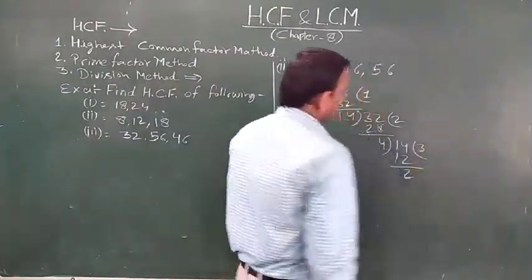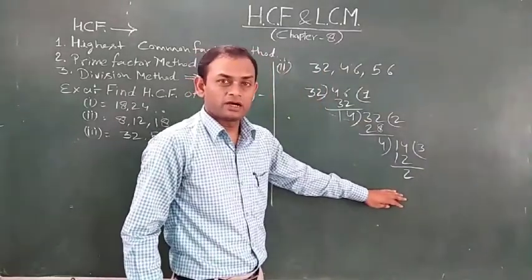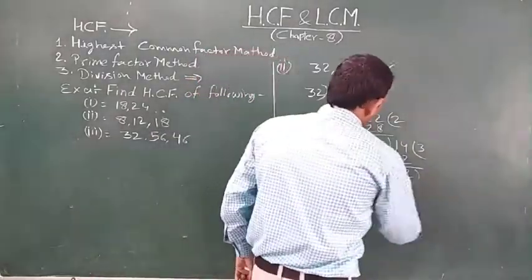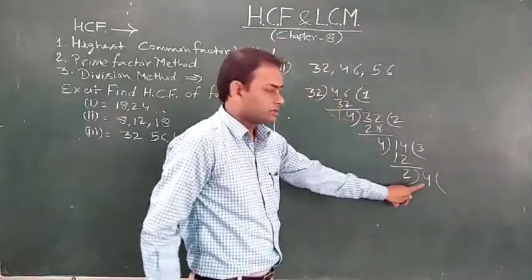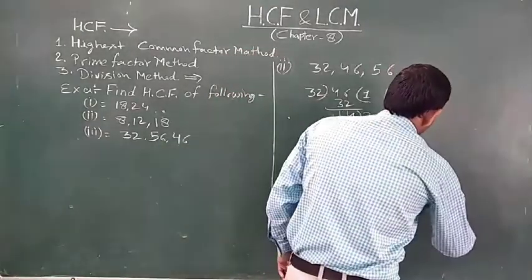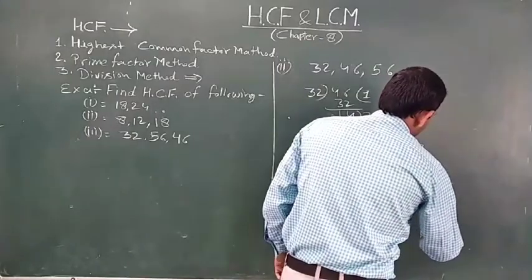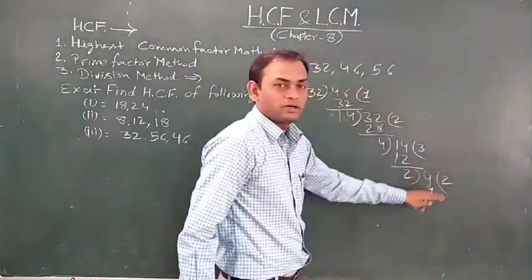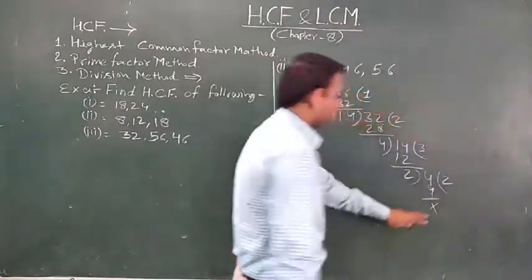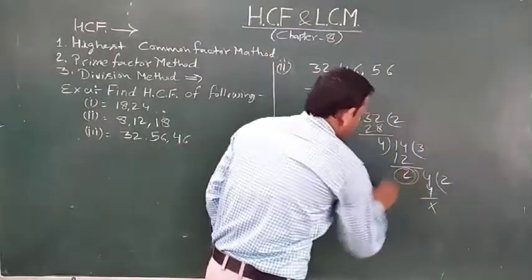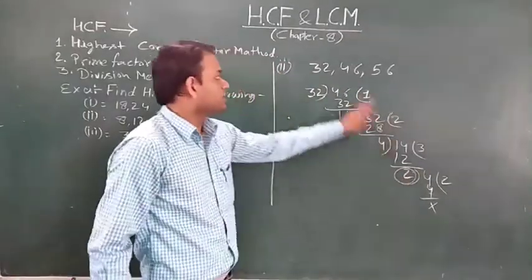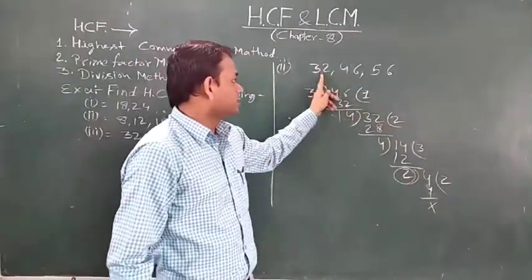That is 2 as a remainder after subtraction. Now the 4 will come here as a divisor, and 2 fours are 4, and now the remainder is 0. It means this 2, the last divisor, is the HCF of 32 and 46.